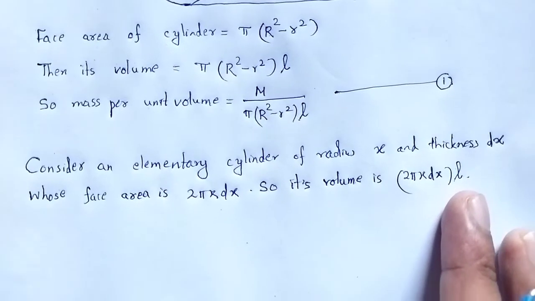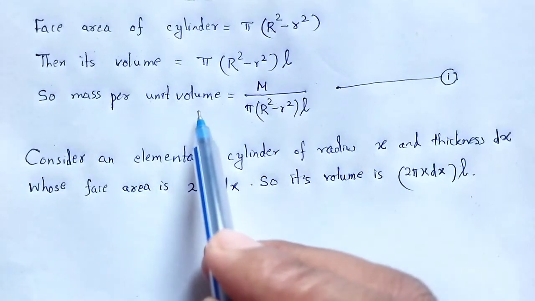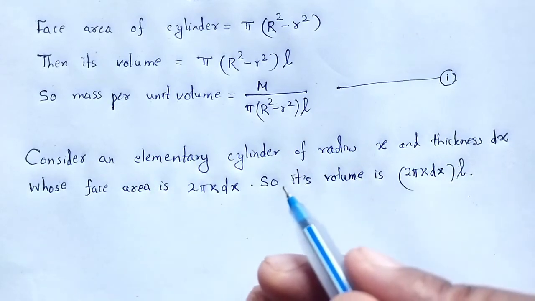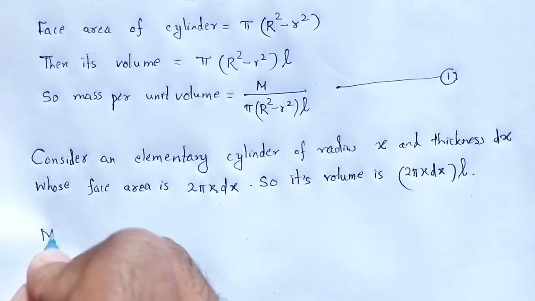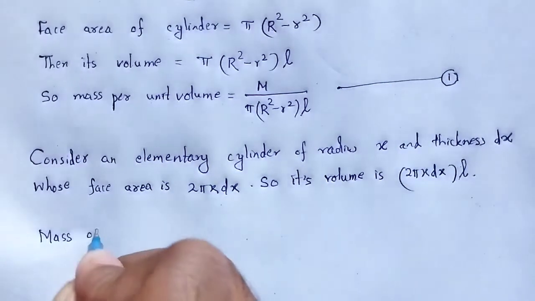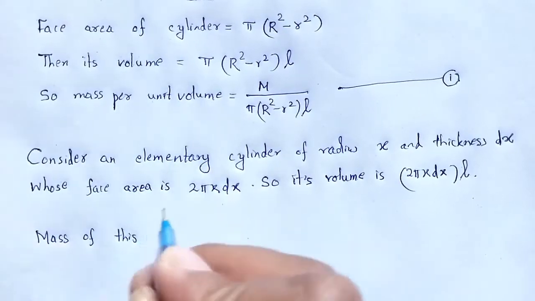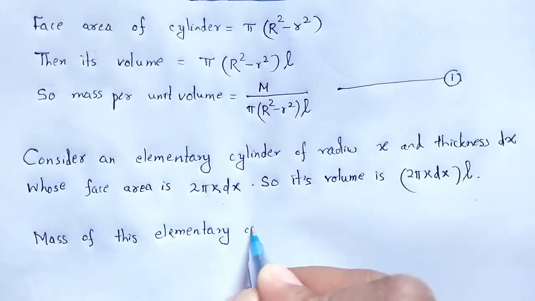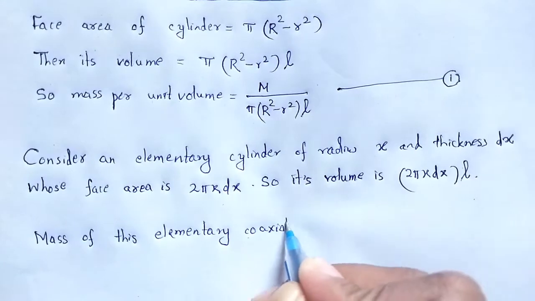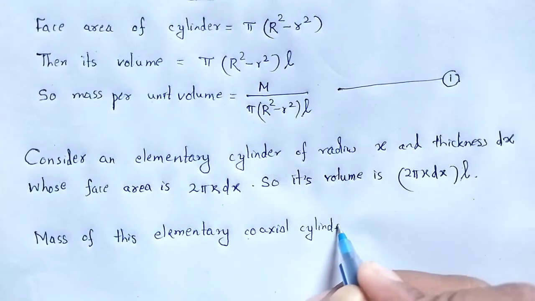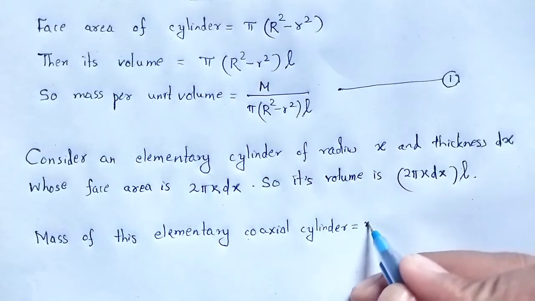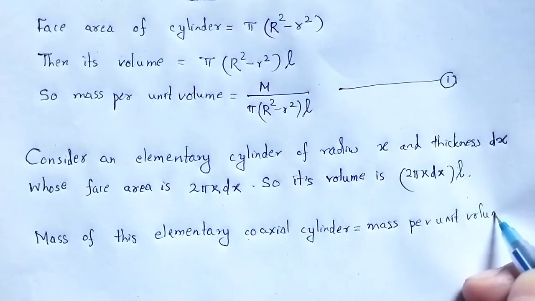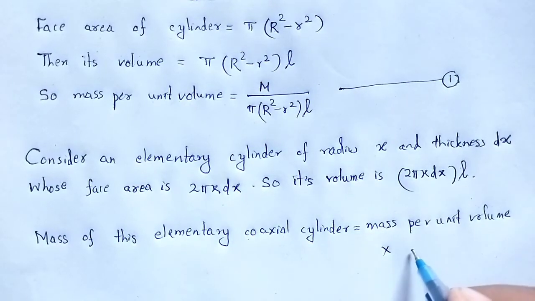Now we calculate the mass of the elementary coaxial cylinder. You can write the mass of this elementary coaxial cylinder is equal to mass per unit volume into volume of the cylinder.